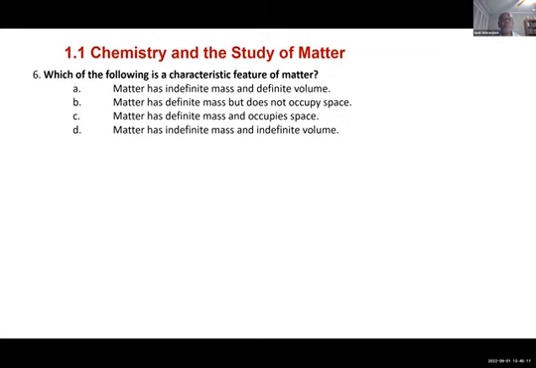Which of the following is a characteristic feature of matter? What is the definition of matter? Has a mass and occupies a space. Which one is the correct answer? Definite mass and occupies a space.